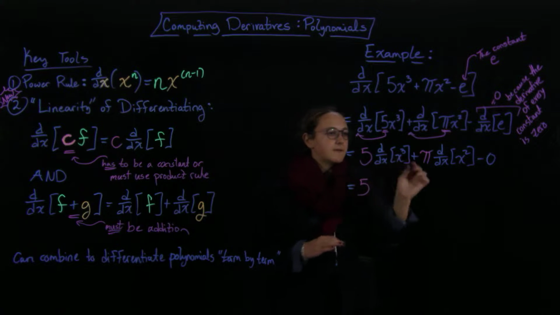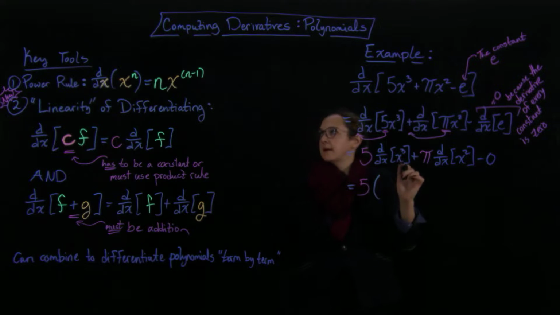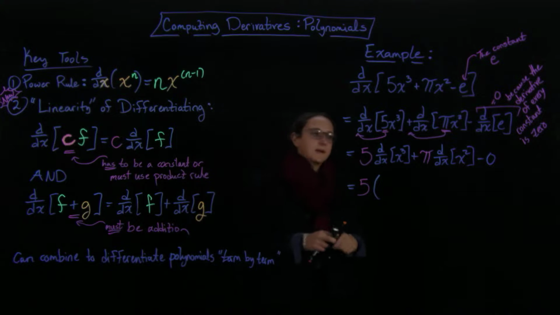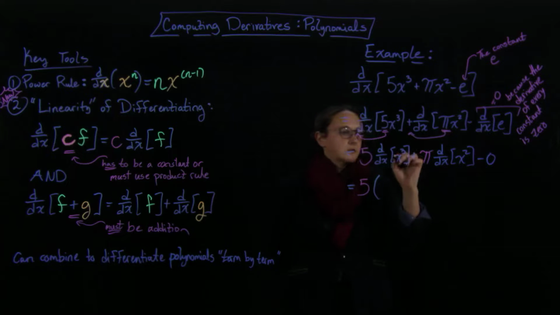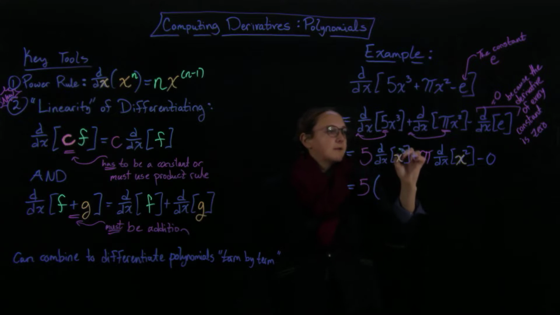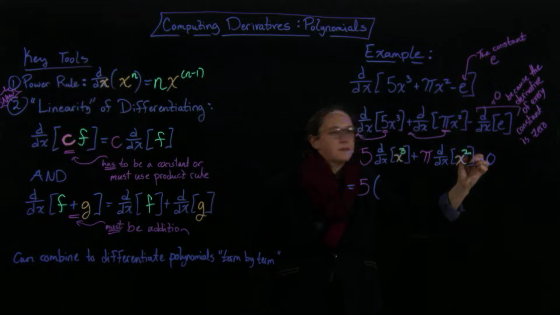So this is 5, and then we remember how to do these, right? To help myself here, I'll color code. So we have an x here and an x here, and we have a cubed here and a squared there.